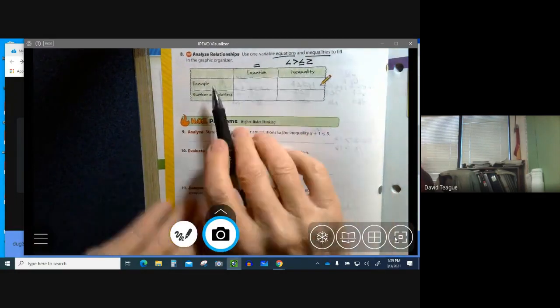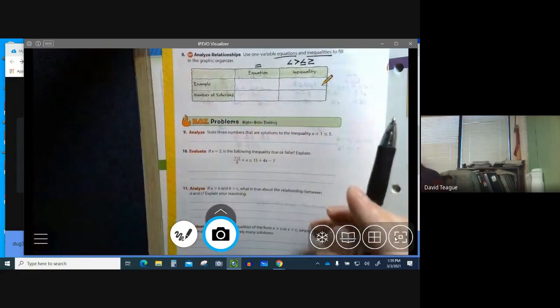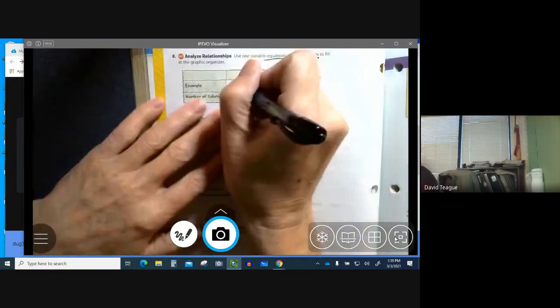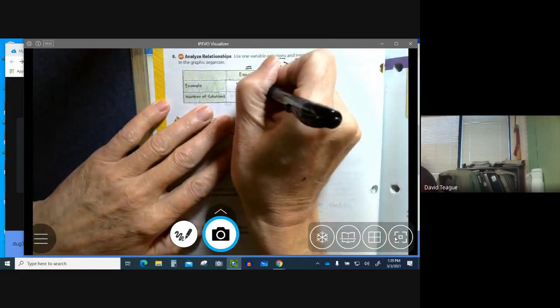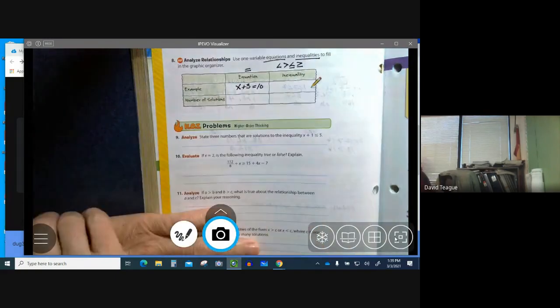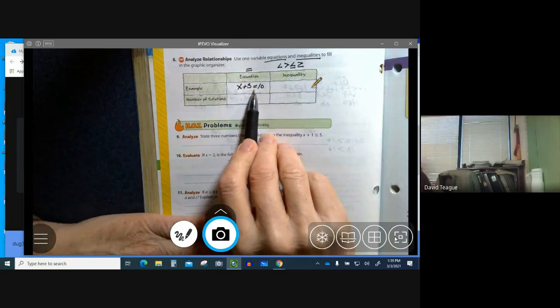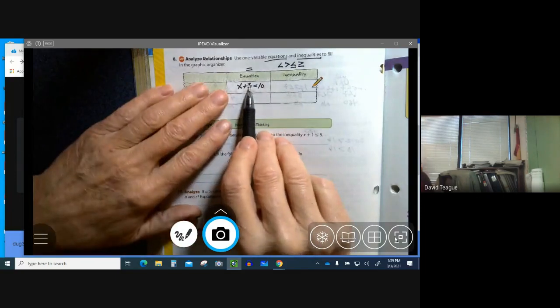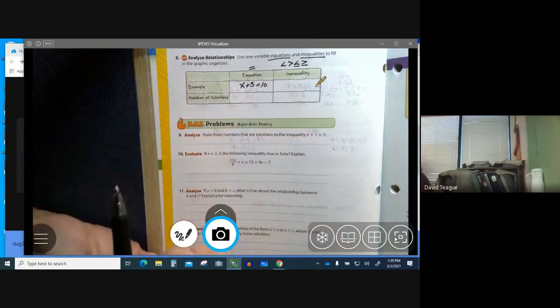Okay. So an example of an equation would be, for example, x plus 3 is equal to 10. Okay, that's an example of an equation. You have an equal sign. So what that's saying is this side is equal to this side.